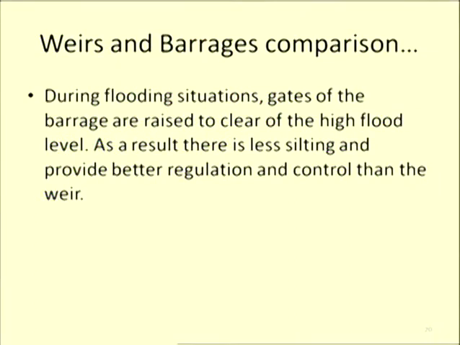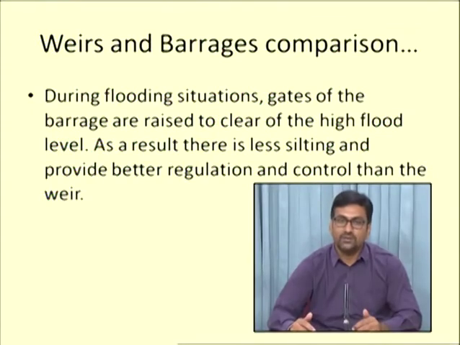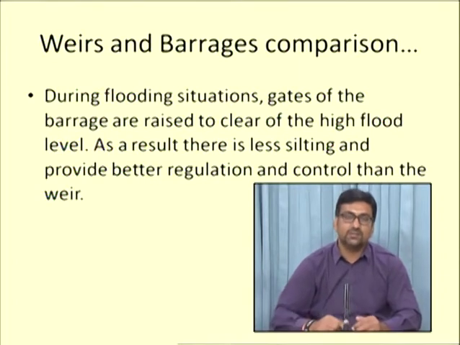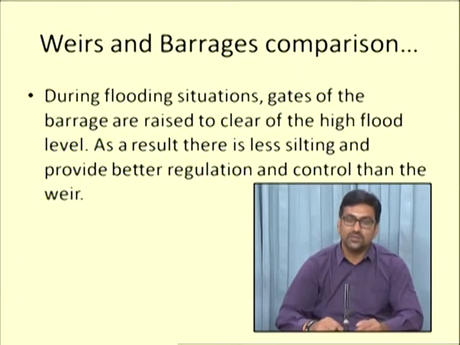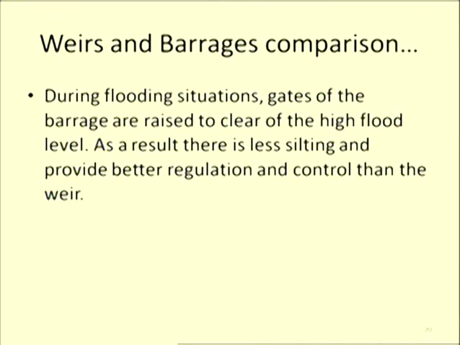During a flooding situation, gates of the barrage are raised to clear the high flood level. As a result, there is less silting and better regulation and control than the weir. In a weir, silt will get deposited upstream, but in the case of a barrage, when we open the gates, the water gushes out and takes the deposited sediment along with it because of the high velocity.